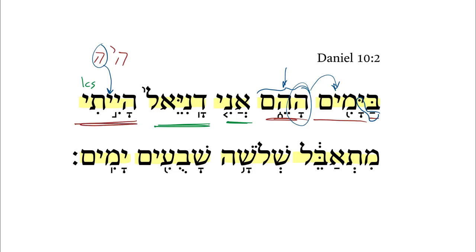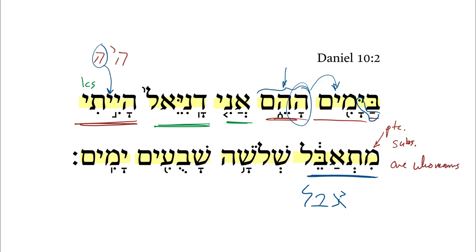Now I'm going to do this a little bit oddly, because notice here we have a hitpael participle. The verbal root here is aleph beit lamed, to mourn. And this is what I'm going to do here. I'm going to view this participle as a substantival participle, namely one who mourns.